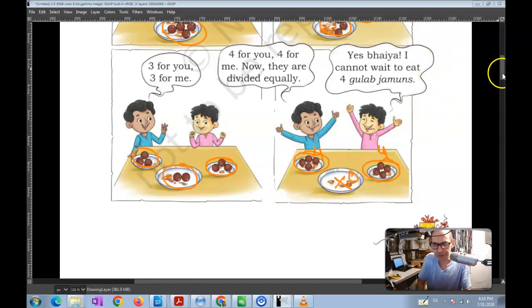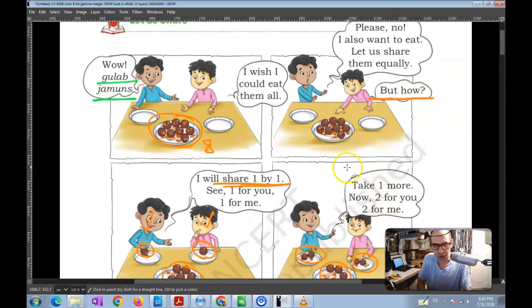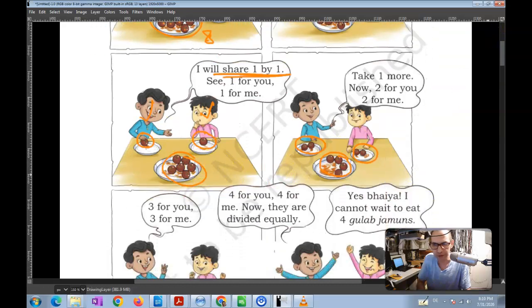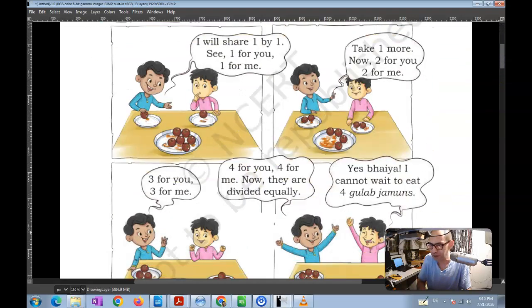Now let's see what happened here. In this step, 2 of the gulab jamuns were distributed among those 2 people, 1 for each person.